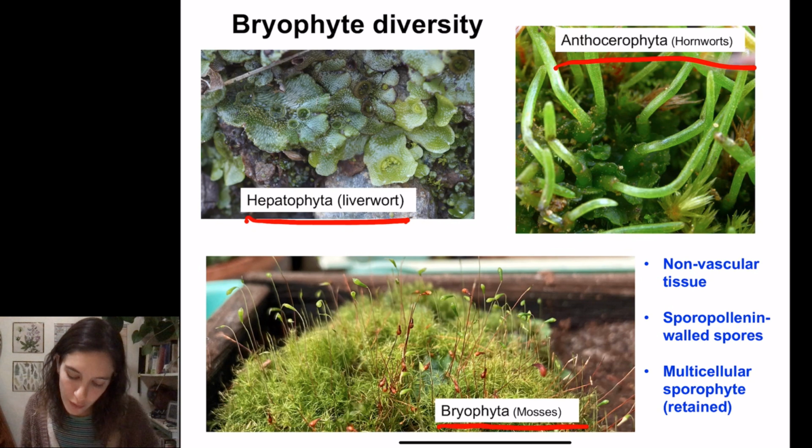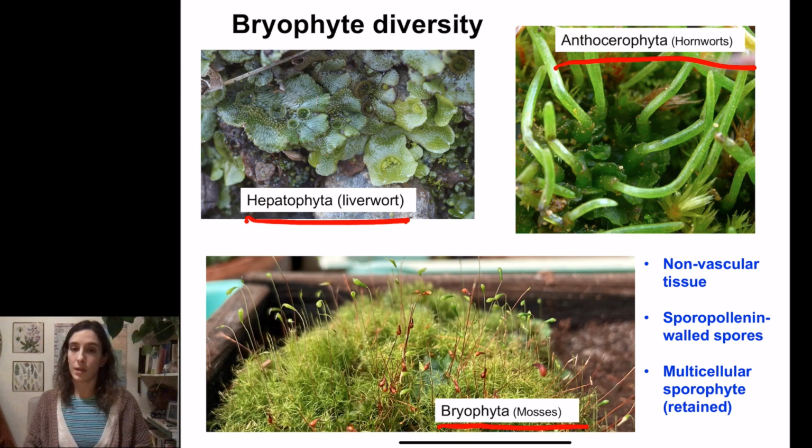And here are the features that they all have in common. They all have non-vascular tissue. I already mentioned that. They do have sporopollenin-walled spores, namely their meiospores have that really hard coating of a substance that allows them to resist drying out.